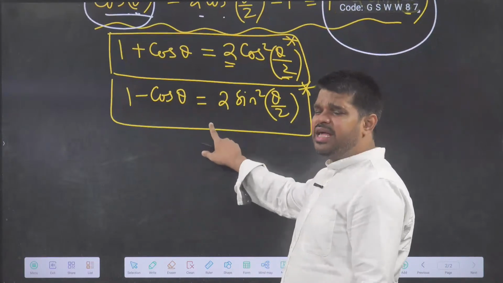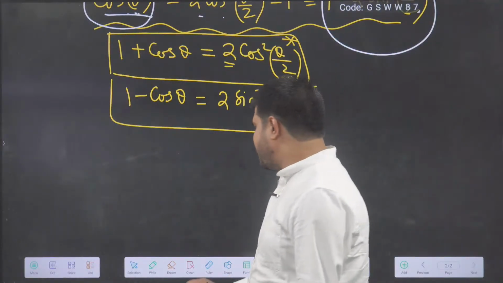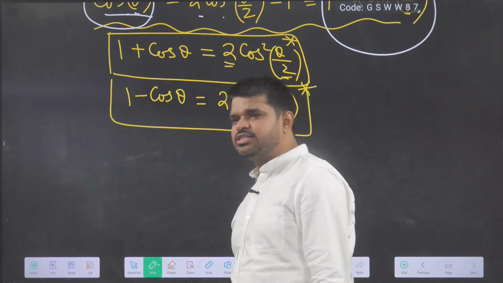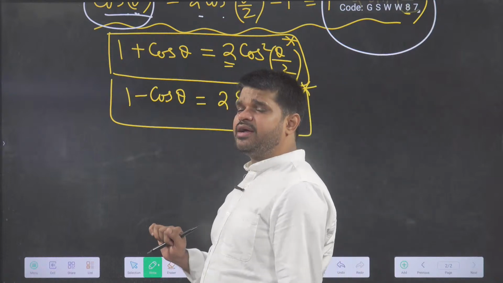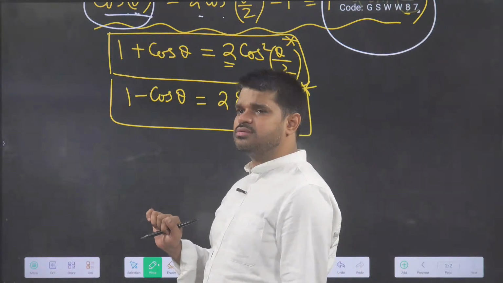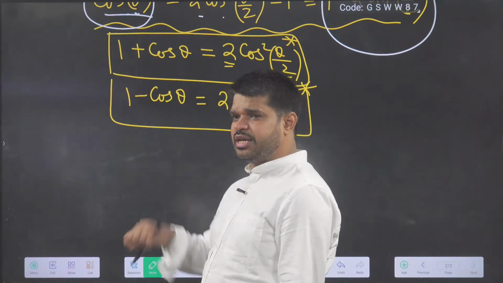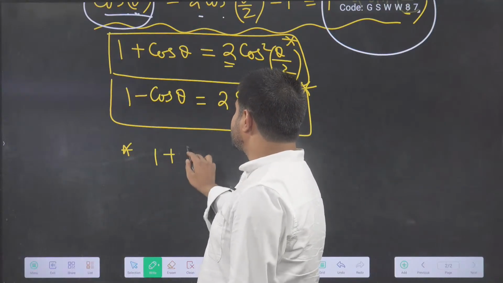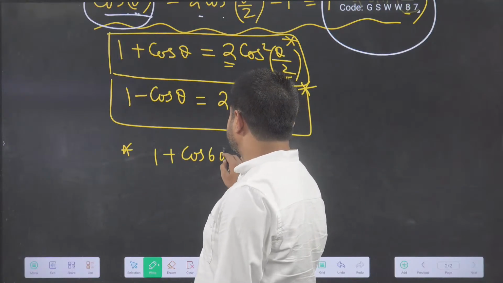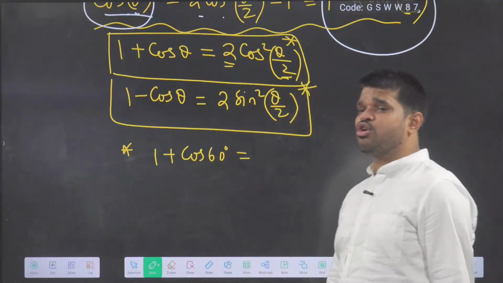By the way, taking an example won't make much sense, but still, let's take an example. Let me take 60 degree. 1 plus cos 60 degree.